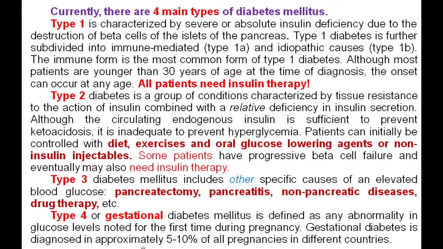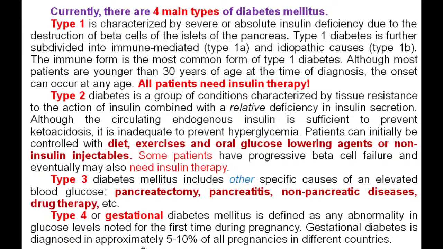Type 1 is characterized by severe or absolute insulin deficiency due to the destruction of beta cells of the islets of the pancreas. Type 1 diabetes is further subdivided into immune-mediated, type 1A, and idiopathic causes, type 1B.